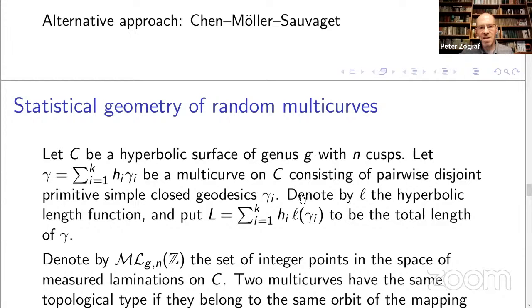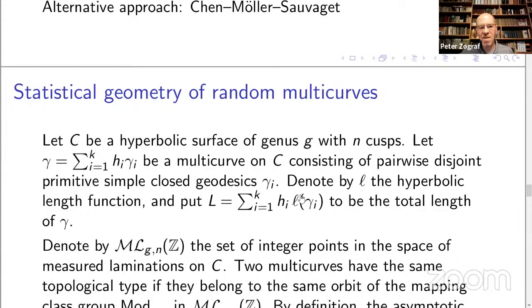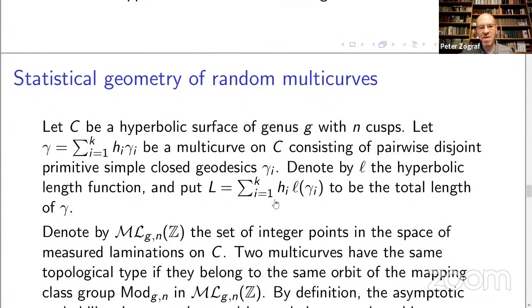Denote by L the hyperbolic length function and put L big equal the sum over irreducible components gamma_i of lengths multiplied by multiplicities. So this L is called the total length of the multicurve gamma.